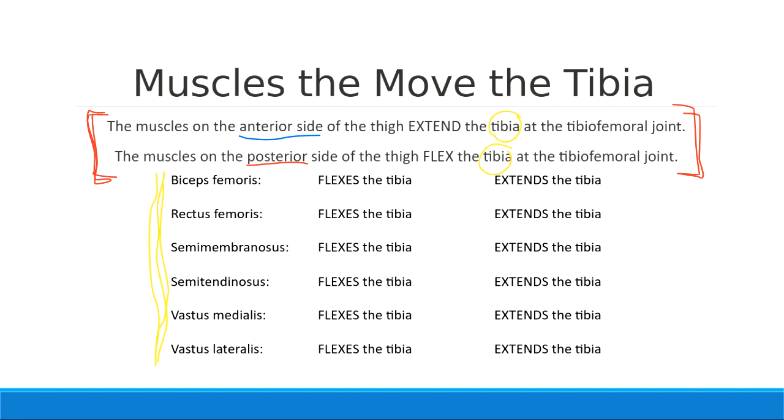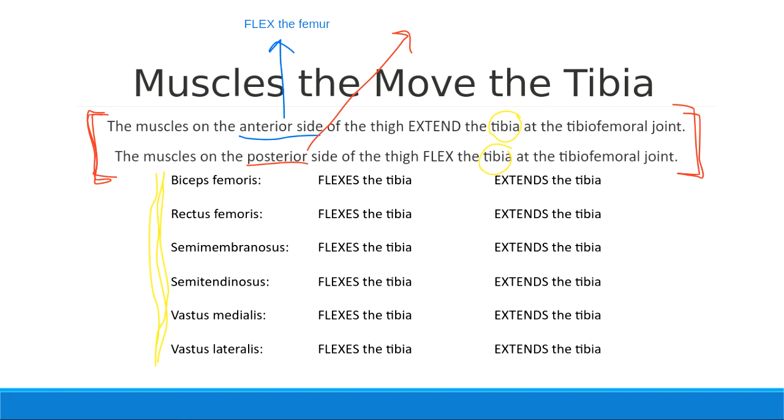When I am talking about my general rules, when we talked about muscles that lived on the anterior side of the femur, if you look up in your notes, the things that lived on the anterior side of the thigh, those flexed the femur. Things that lived on the posterior side of the thigh, those extended the femur. That's what I mean by opposite.